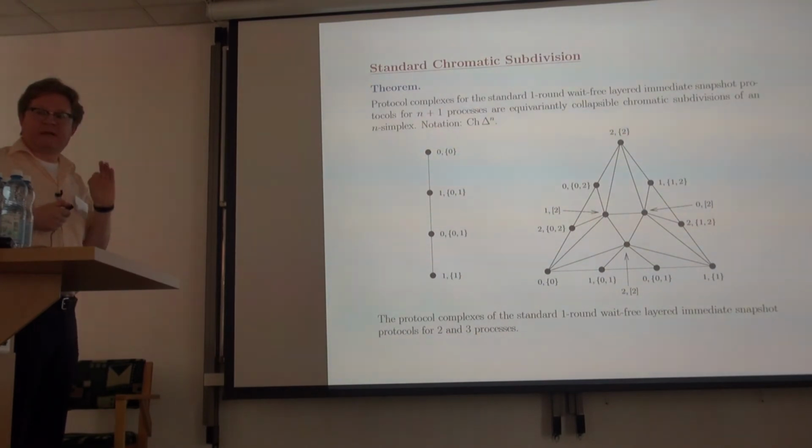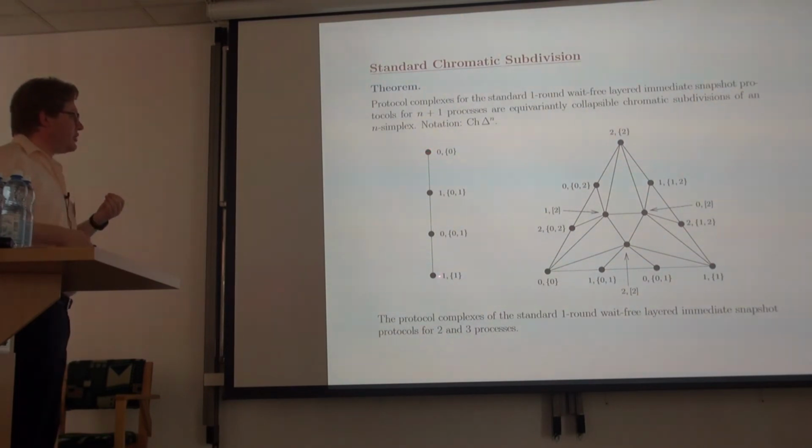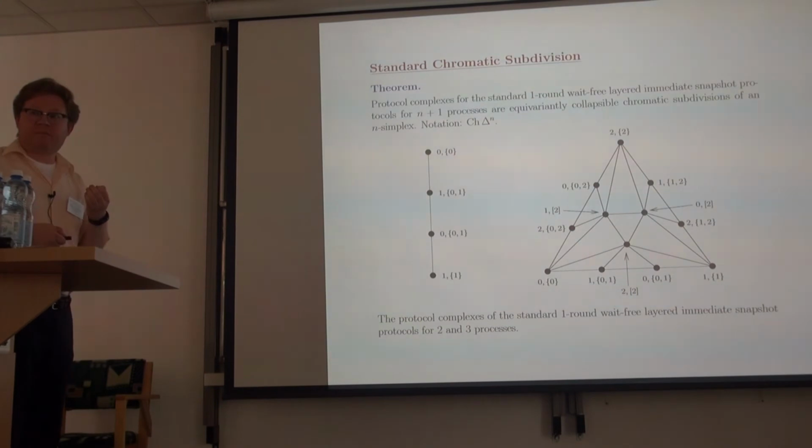Can I put now the labels 0 and 1 so that no interval has the same labels on its ends and the values on the end vertices are the same? The answer is no, because no matter what t is, the number of intervals will be 3 to the t, which is an odd number, and since my condition says I should change the label each time, I'm not going to start with 0 and go to 0 in an odd number of steps. End of story. Very easy argument, but that already proves what took a 20-page argument in computer science.